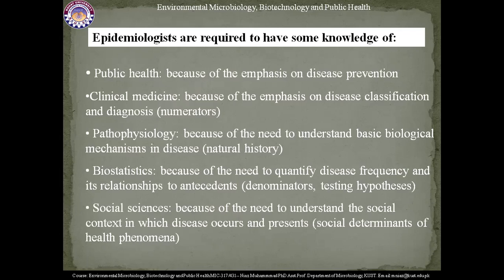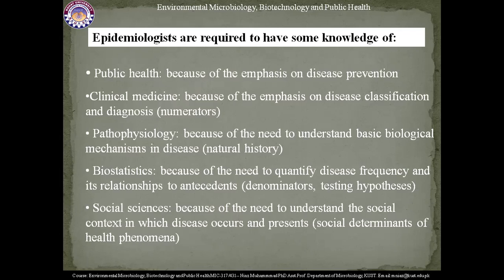So epidemiologists are required to have some knowledge of social sciences because of the need to understand the social context in which disease occurs and the social determinants of health phenomena.